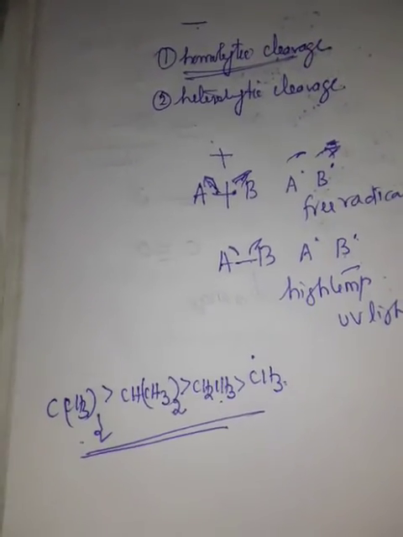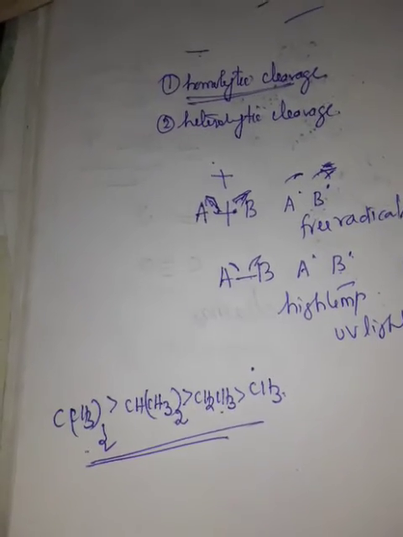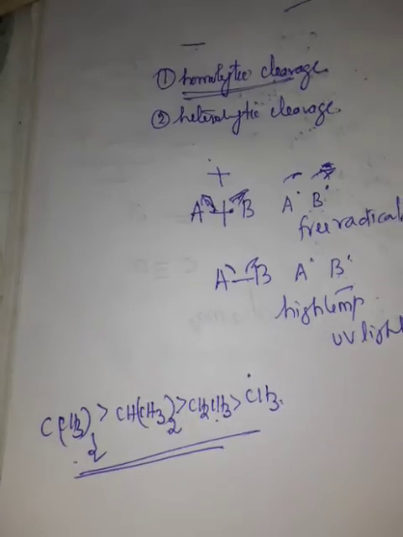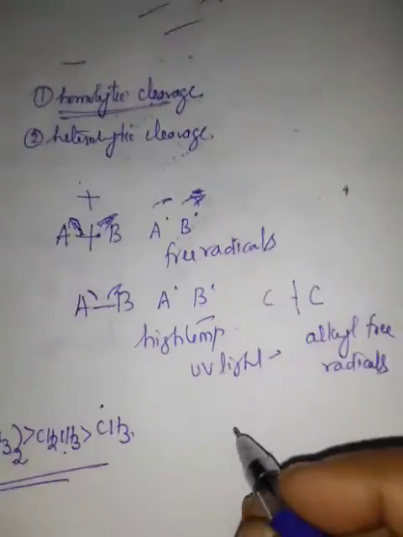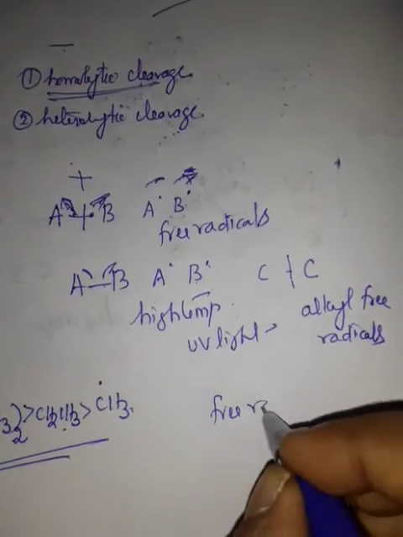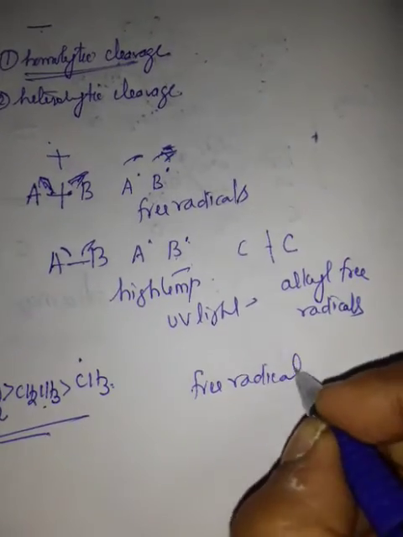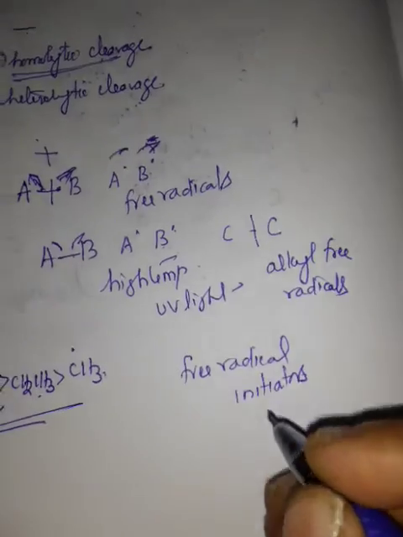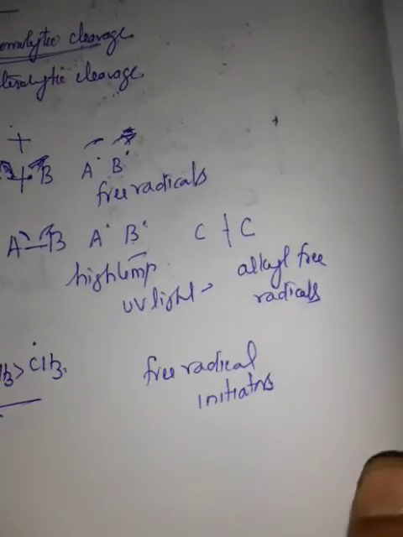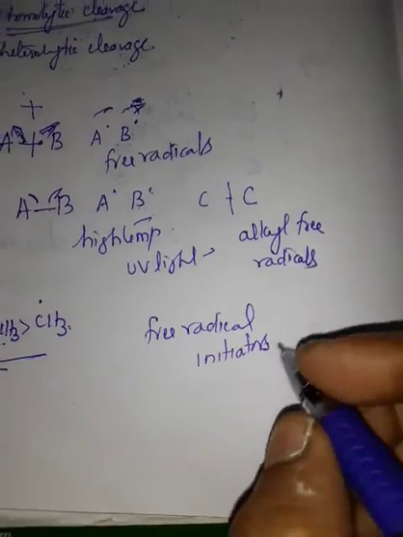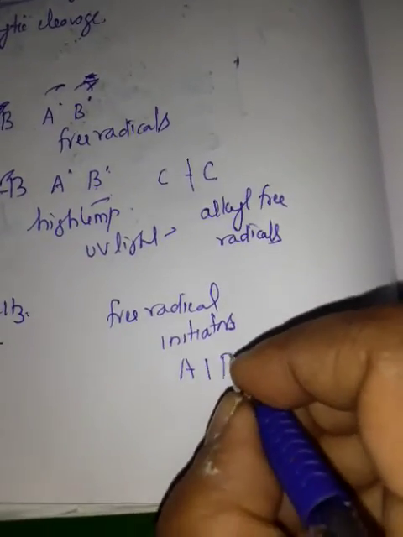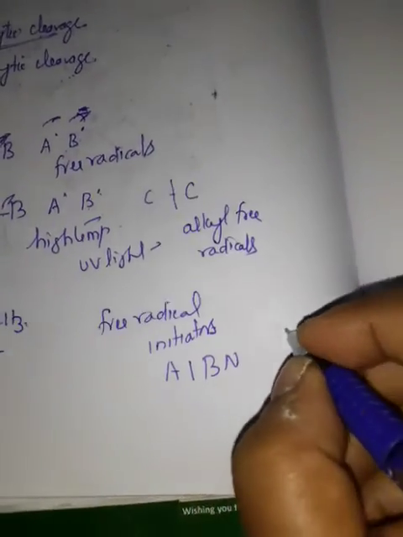The type of reagent which promotes homolytic cleavage is called a free radical initiator. Best examples are AIBN and peroxides.